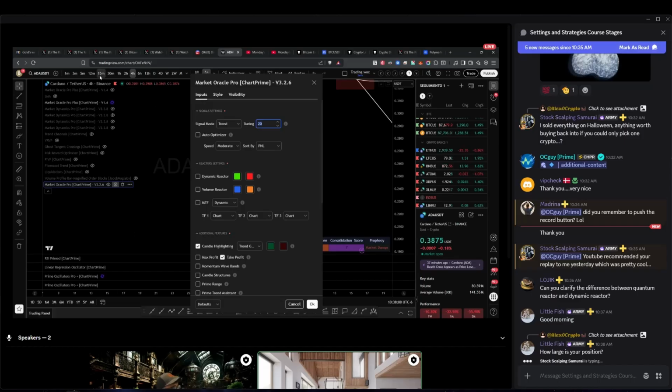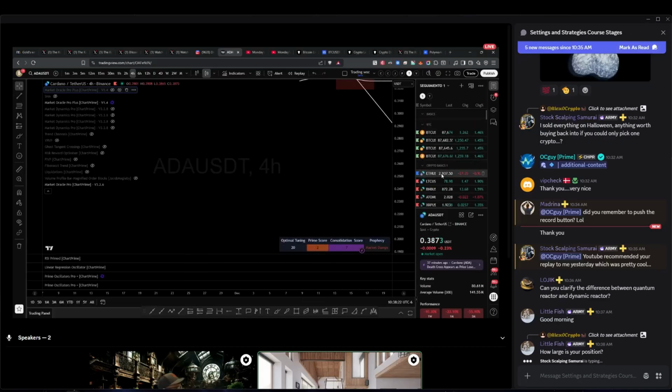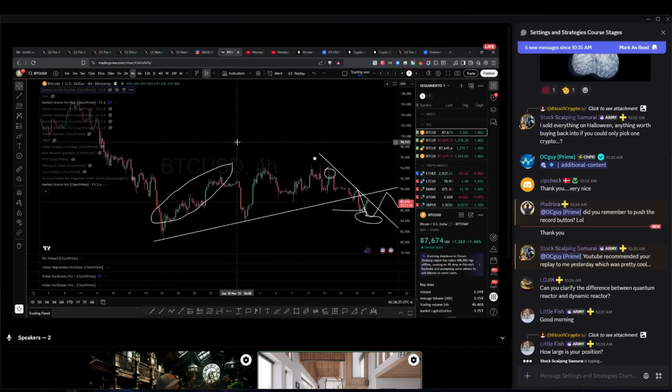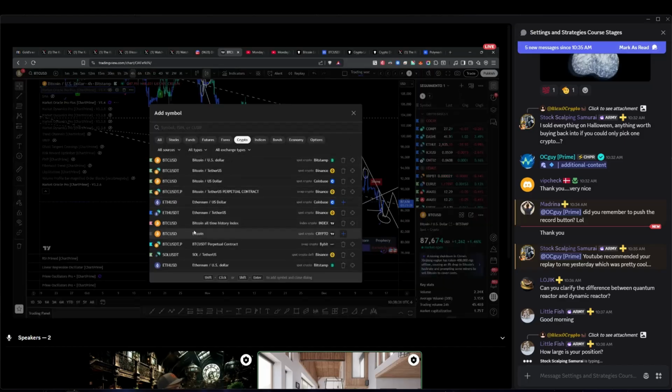For myself, just so you guys know, I use 43 for Bitcoin main, 4 hours time frame. How do you calculate that? Let's do a very quick update on that. For that, I'm going to go to a non-used Bitcoin chart.